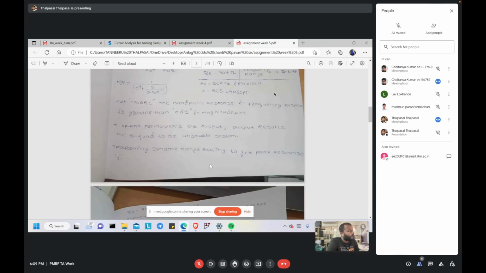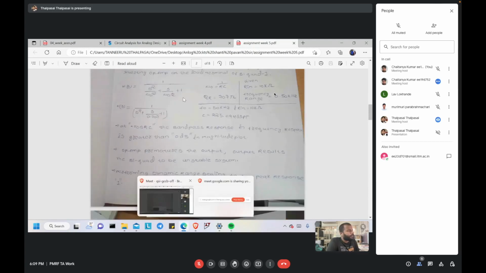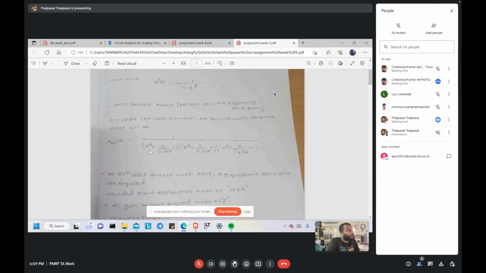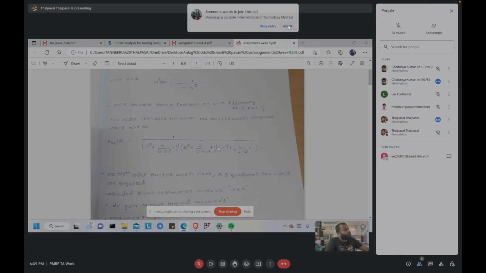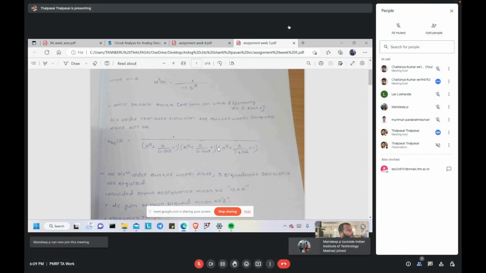How do you know this should be the biquad one? We get the approximation, sir, as s square plus s by 0.518 plus 1, s square plus 0.707 plus 1. Okay, these three cascaded will give a sixth order. Correct. You can have any of these quality factors as the first biquad, right? Is there any specific reason why you chose 0.707? For the first one I chose 0.707, sir. For the second one I chose 0.518. Yeah, that's what I mean. Any specific reason for that?